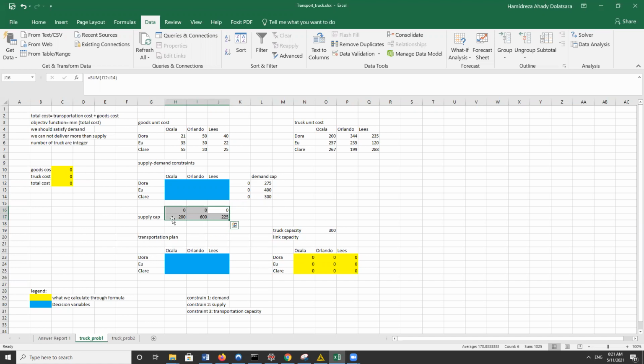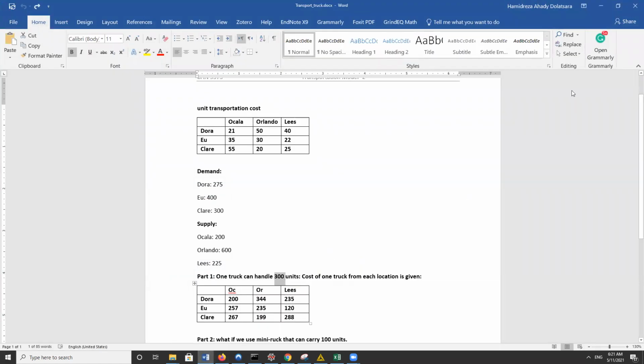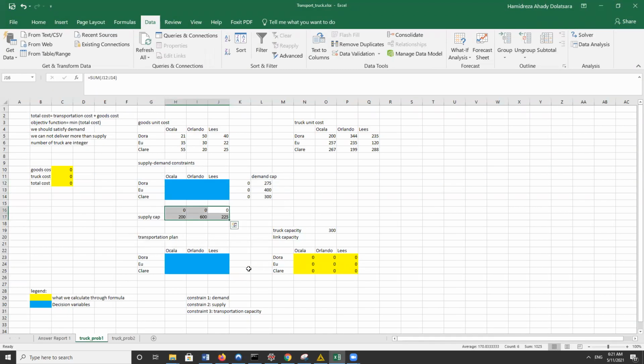The second type of constraints is about your truck capacity. Do you remember we talked about 300, the capacity of a truck? We already decided in the second blue table how many trucks we want to send. So let's say here I decide to send one truck to Orlando, one truck to Clay.